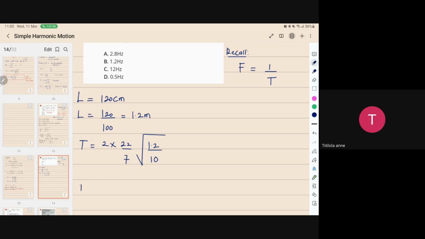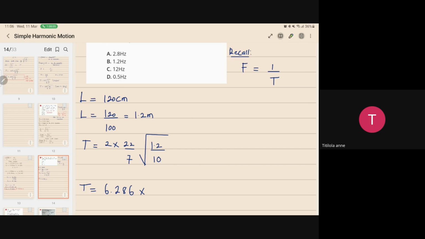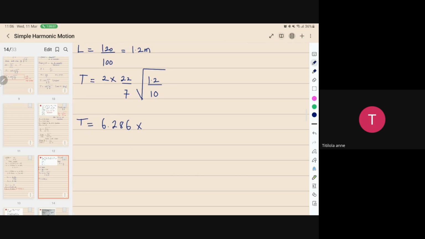So let's find the value of our period using my calculator. 2 times 22/7 gives me 6.286 in 3 decimal places, multiplied by the square root of 1.2 all over 10. Any value it gives me is my period.